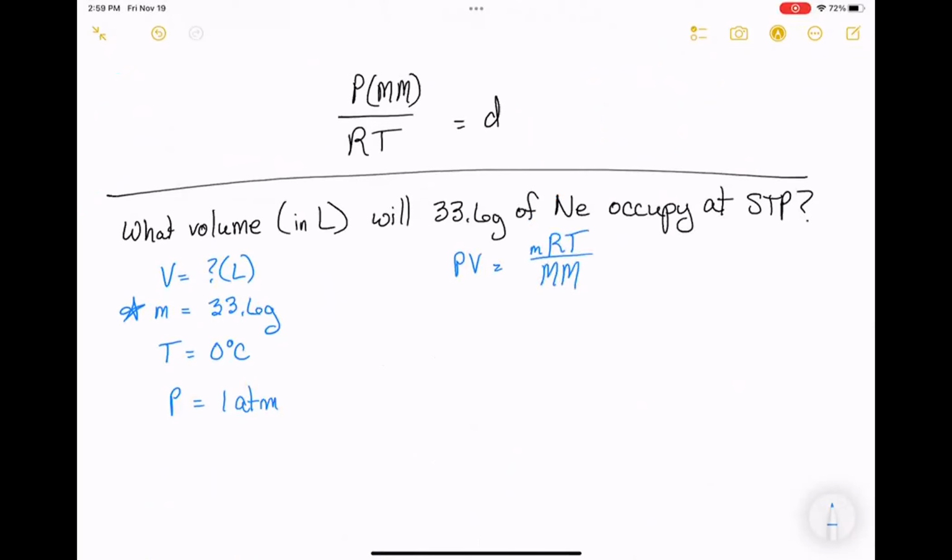Now, in order to be able to do this, I'm going to need the molar mass for neon, which is 20.18 grams per mole. And I'm going to need my R value of 0.0821 atmosphere liters per mole Kelvin.